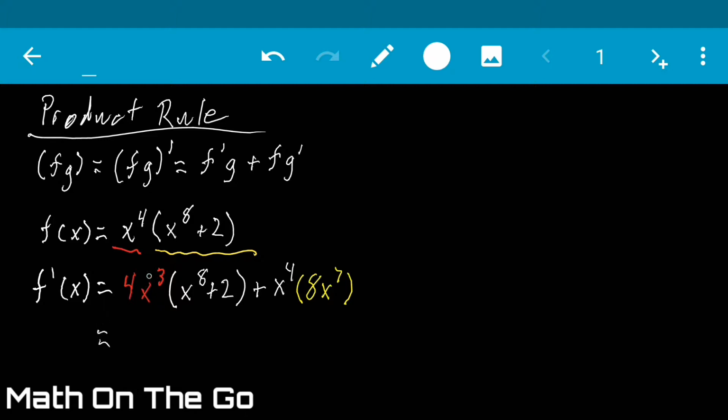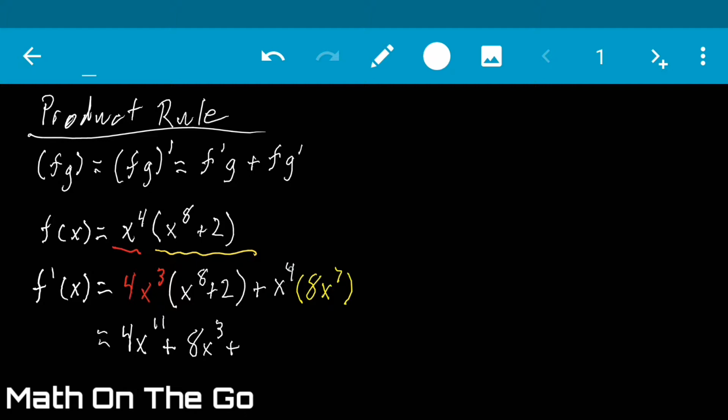We're going to distribute our 4x to the third into our x to the 8 plus 2. So what we get here is 4x to the 11, and now we're going to get plus 8x to the third. Okay, now we got this plus sign here.